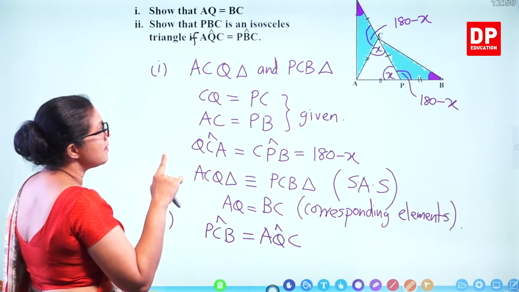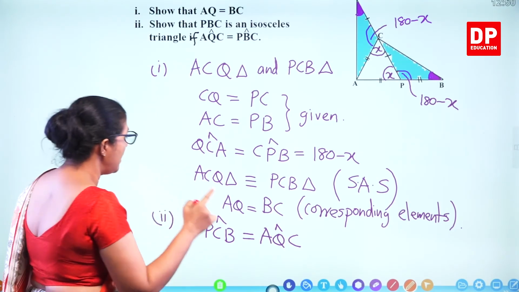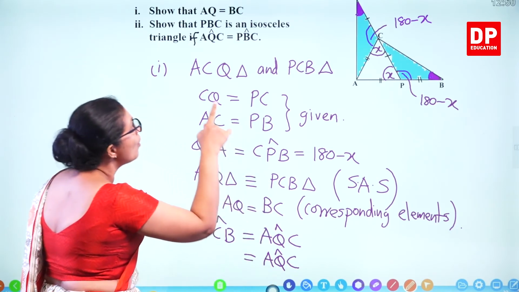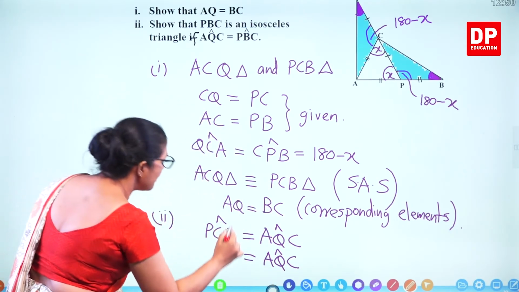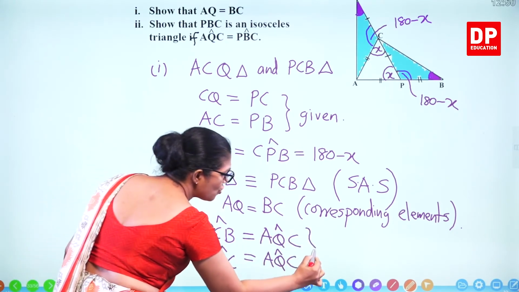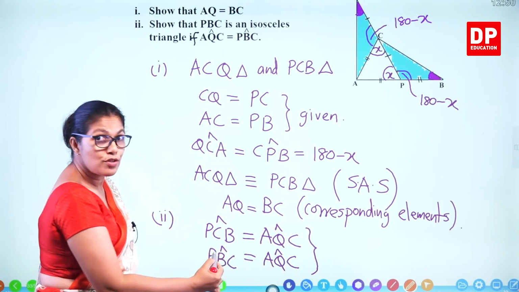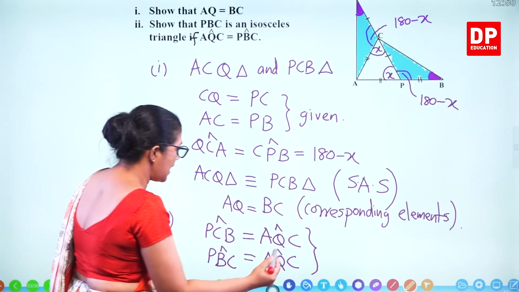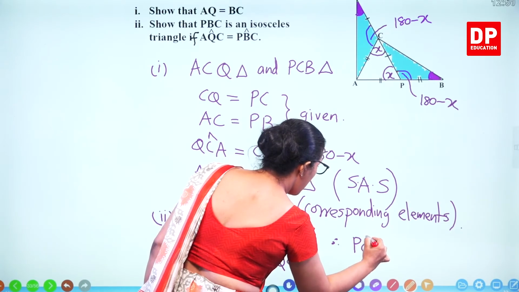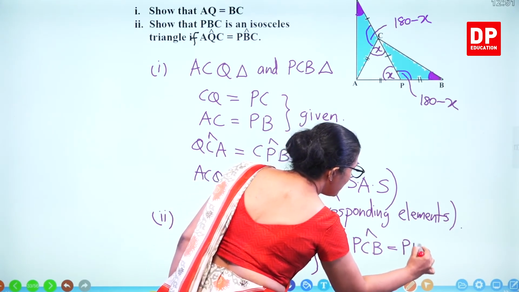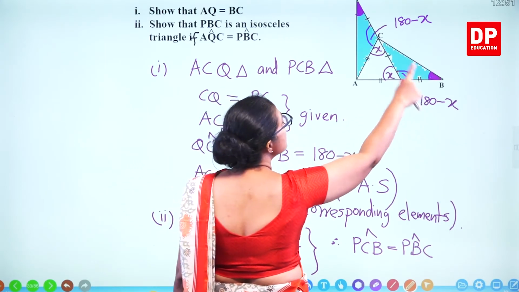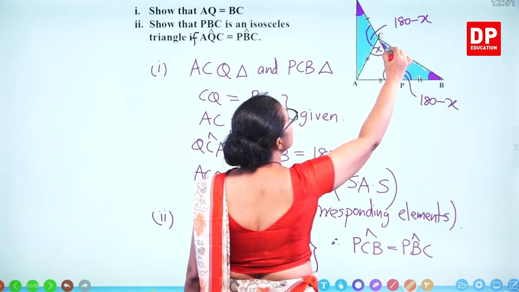But in the question it's given AQC is equal to PBC. So what can you say about these two? The same angle is equal to these two. So you can say, therefore, PCB angle is equal to PBC angle. These two angles are equal. That means this and this both are equal.